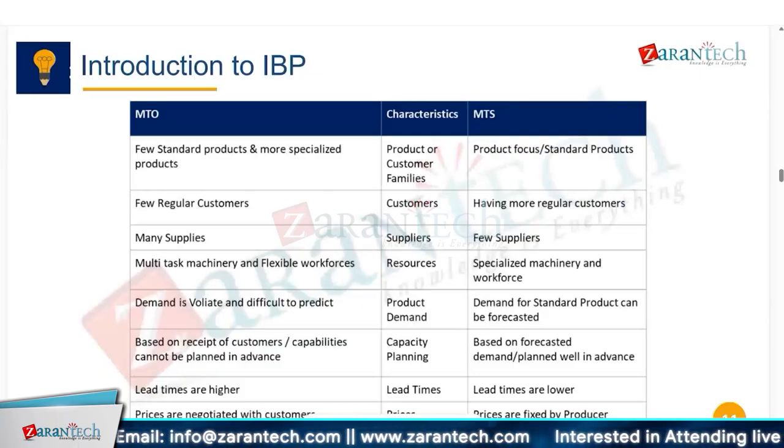Whereas for MTS, that is made to stock, this scenario works on product focus, and there are a lot of standard products in the portfolio. So that's the characteristics of MTO and MTS with respect to the product and customer family.